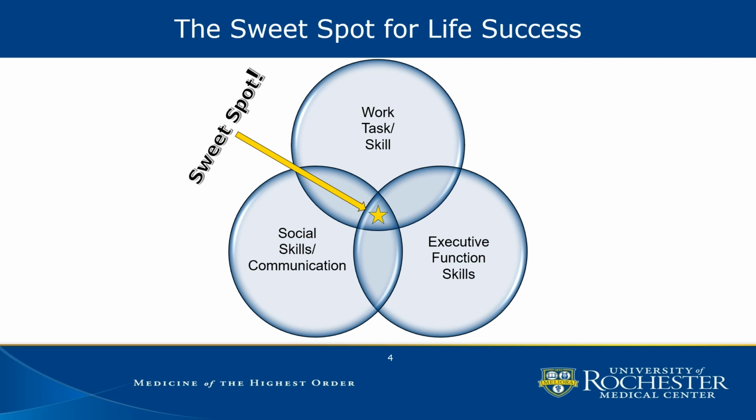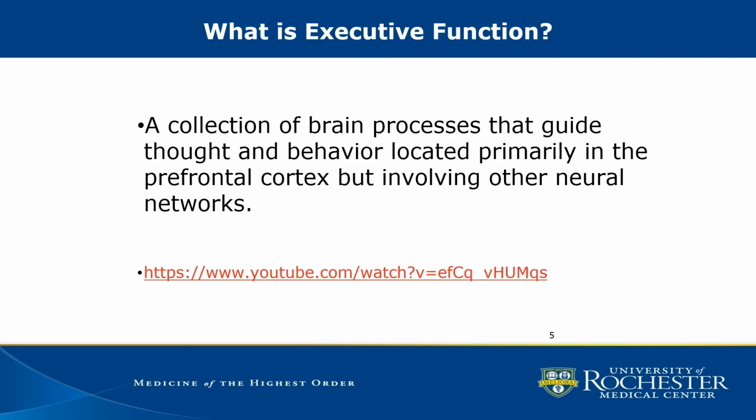The term executive function is the umbrella term for a wide range of cognitive processes and behavioral competencies. This set of mental processes helps to connect past experiences with present action.